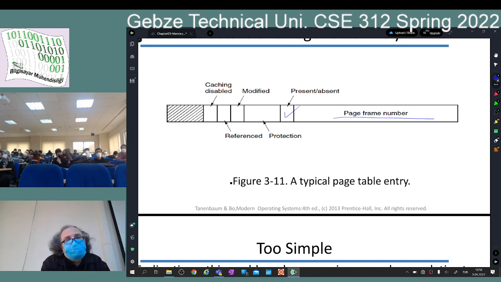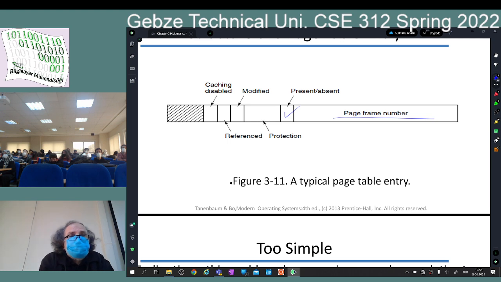So modified means I have modified this page, so I need to be careful about it. Why do I need to know about this modification bit? I mean, if you modified that page, you modified it already in the main memory, so everybody knows that it is modified. Why do I keep this information?